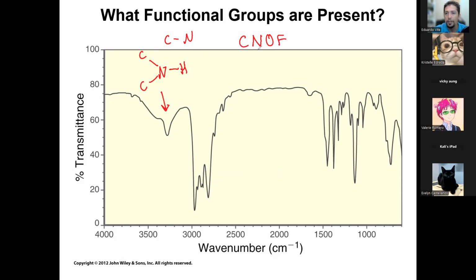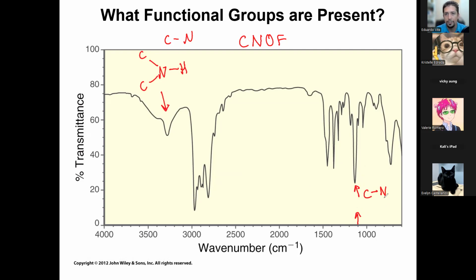Carbon-nitrogen and carbon-oxygen are pretty similar wave numbers. Carbon-oxygen is going to be higher just because it's a more polar bond. And we know that carbon-oxygens can be found around 1100. And we know we have carbon-nitrogen bonds somewhere. So we can look at this peak, which is the strongest of them all, and very confidently claim that this is a carbon-nitrogen peak on that basis.